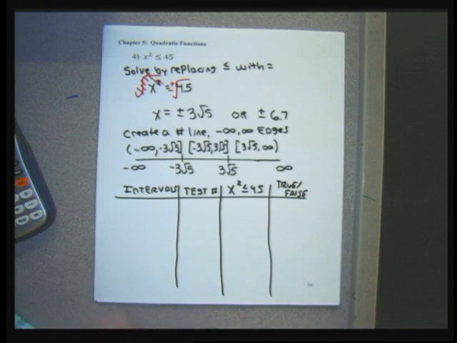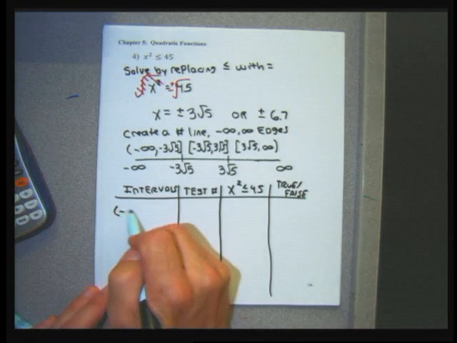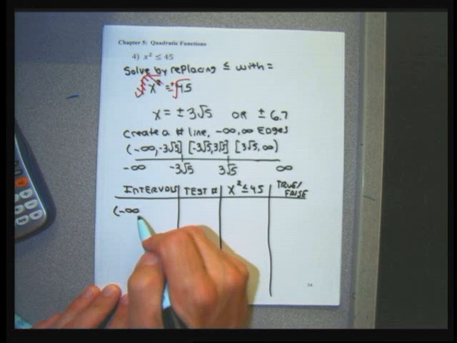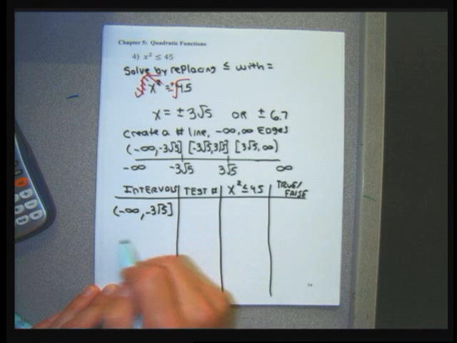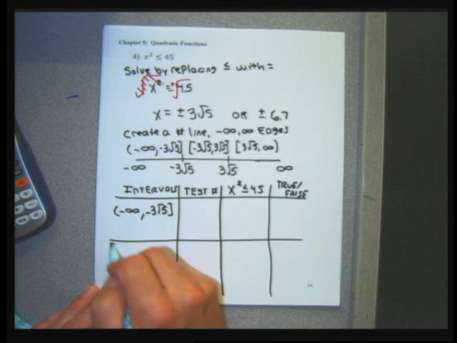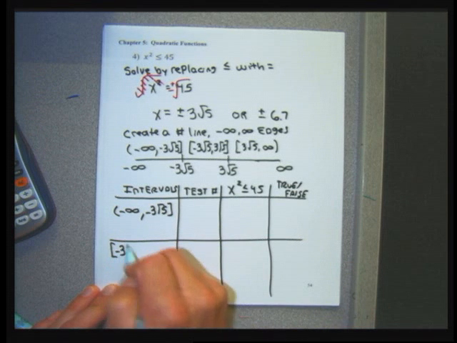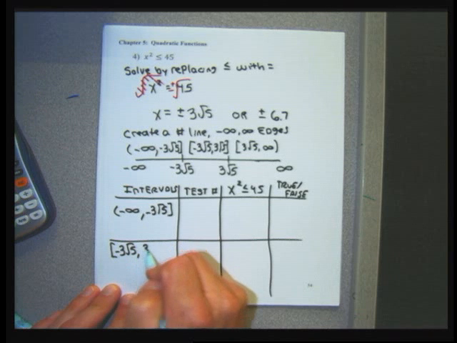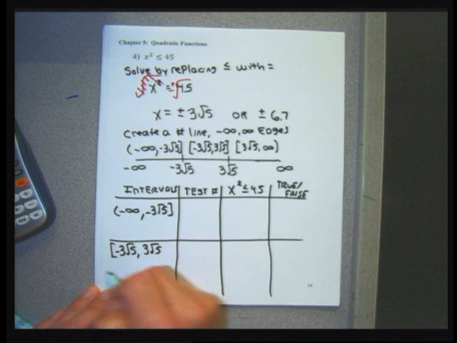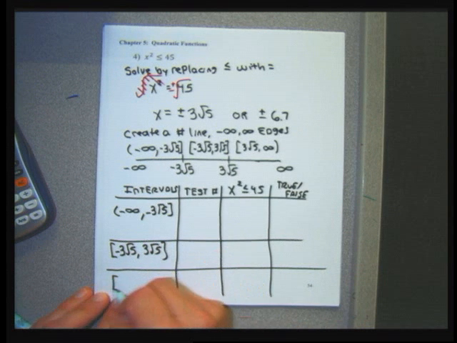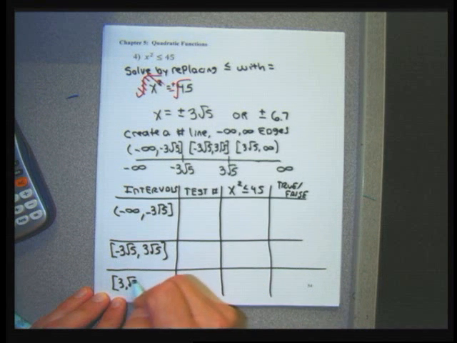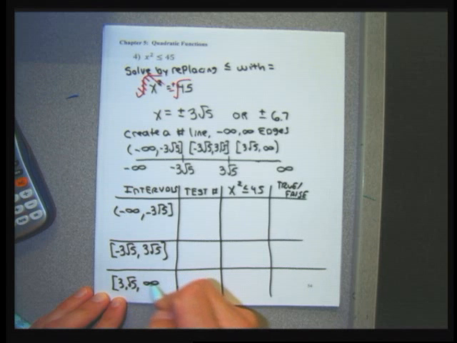So my first interval is the interval from negative infinity to negative 3 square root of 5. My second interval is the interval from negative 3 square root of 5 to positive 3 square root of 5. And the last interval is from positive 3 square root of 5 to infinity.